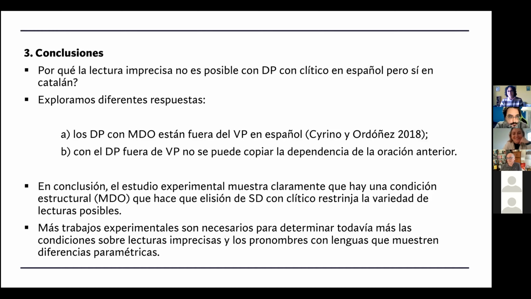Sí, bueno, también, pues muchas gracias, muchas felicidades por la presentación. Yo tengo una pregunta muy puntual. Entiendo que la variable dialectal no resultó significativa, pero hubo diferencias, aunque no fueran significativas. Y pregunto esto porque aunque yo realmente no podría decir que ya soy un hablante característico del español de la Ciudad de México, para mí la lectura imprecisa es completamente imposible en los dos casos.